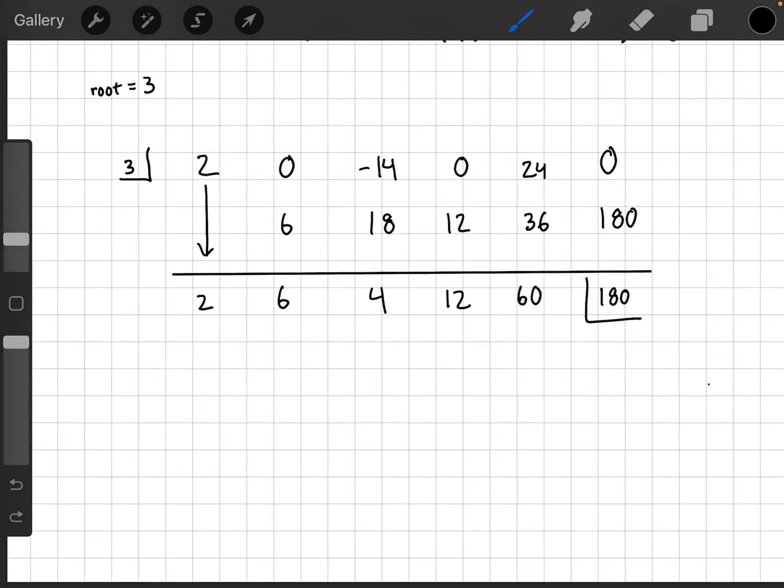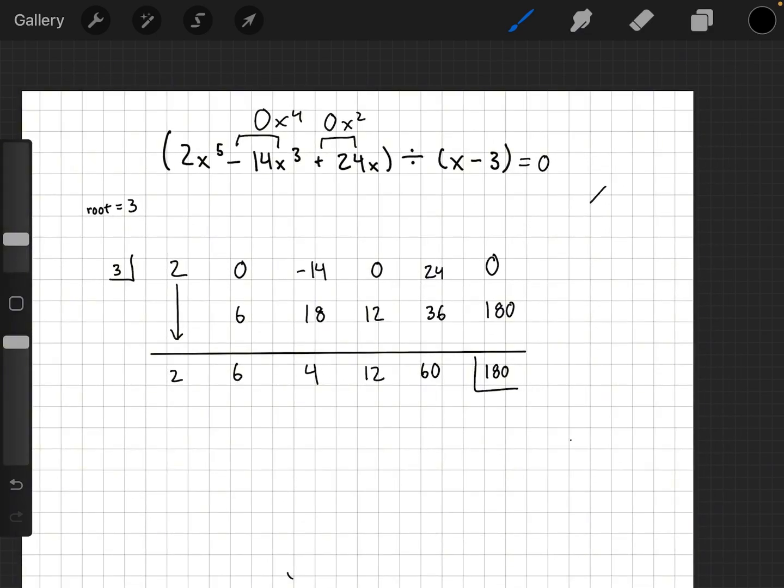So now that we finished this, we can rewrite it. Remember that our highest degree was x to the power of 5. So our highest degree now, since we're dividing, remember when we divide an exponent by anything, we're subtracting it when they have the same base. So we have x to the power of 5 here, divided by x to the power of 1.